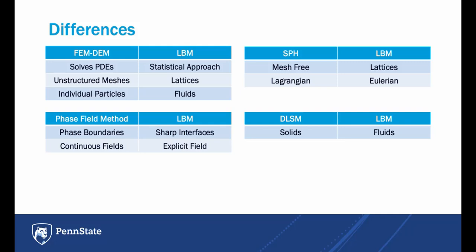For smoothed particle hydrodynamics, it's mesh-free and Lagrangian, tracking fluid particles. The Lattice-Boltzmann method is Eulerian, lattice-based, and inherently parallelizable. The discrete lattice spring method simulates solids with spring-like interactions. The Lattice-Boltzmann method focuses on fluids and soft matter using a kinetic framework.